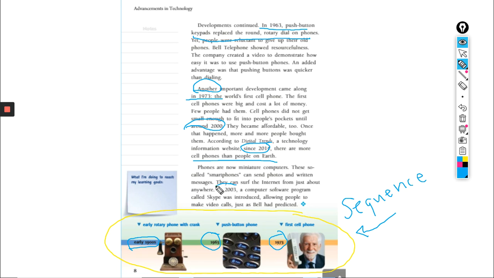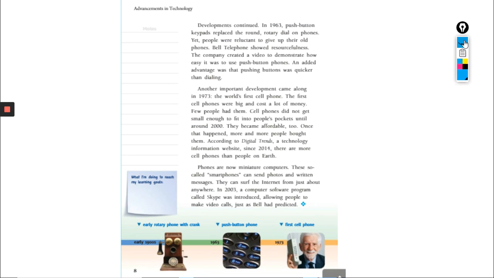In 2003, another key date, a computer software program called Skype was introduced, allowing people to make video calls just like Bell predicted. So using dates, using signal words like first and now, these types of paragraphs show an order. With those dates, it's telling us what came first, what came next, what came then.